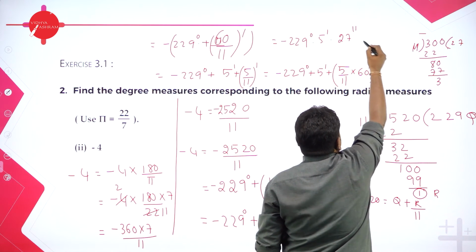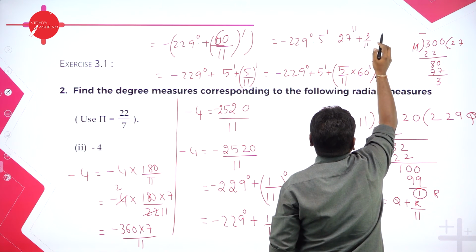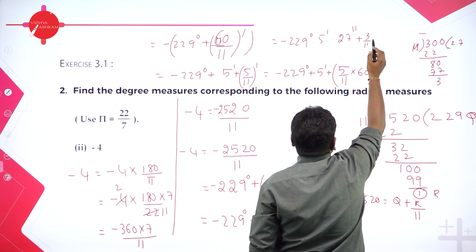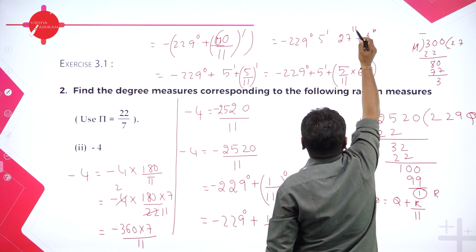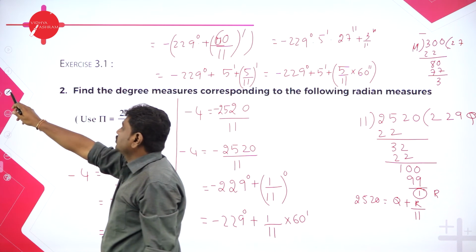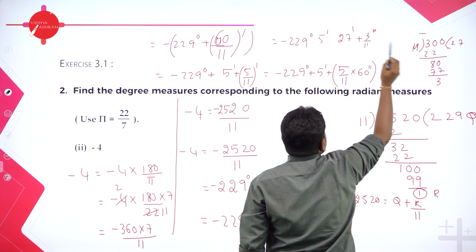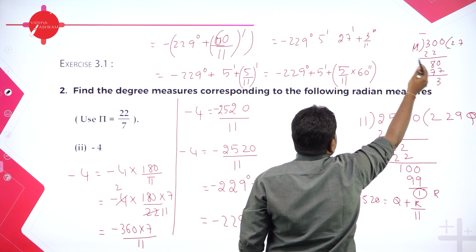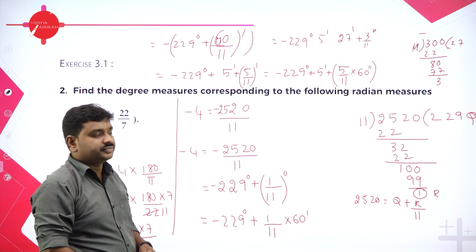27 plus 3 by 11, quotient plus seconds. So, sorry, this is minutes. This quotient is minutes and 3 by 11 seconds. So convert this, you will get the answer.